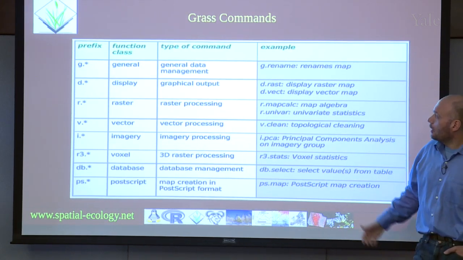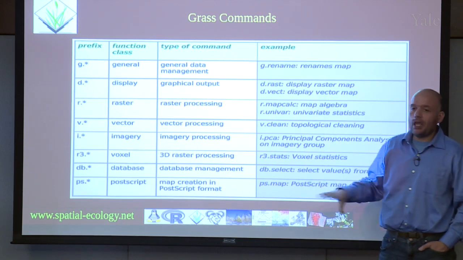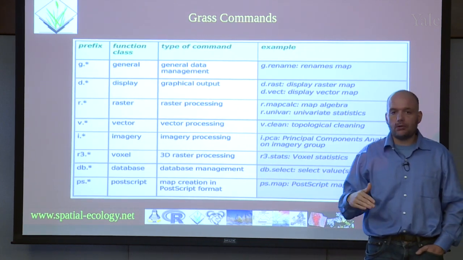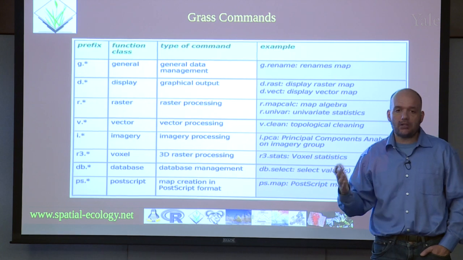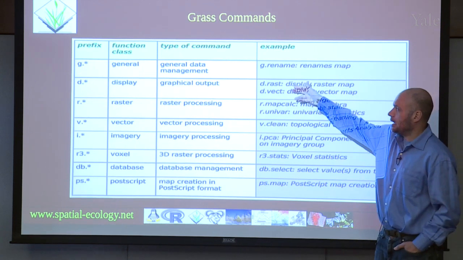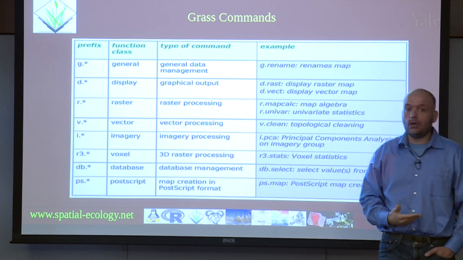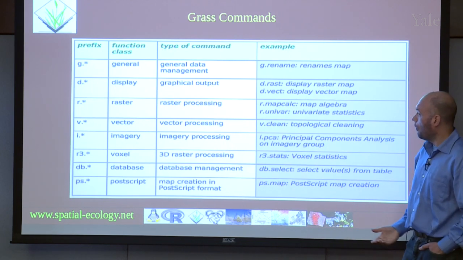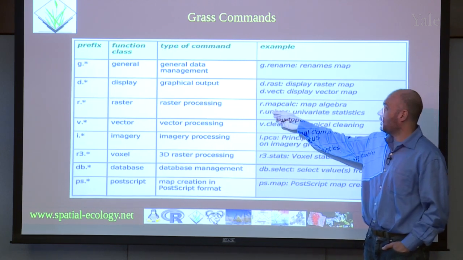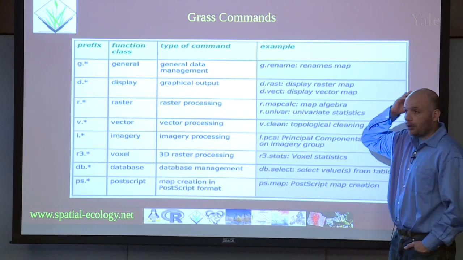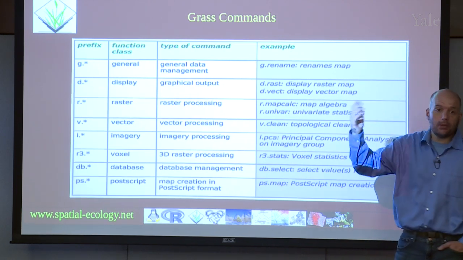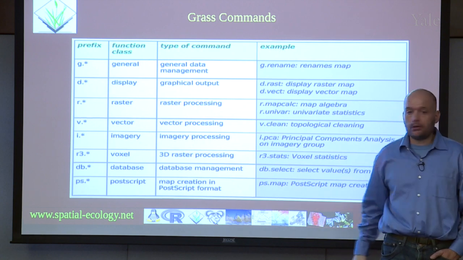So you can think about, for example, renaming a raster, copying, setting up the g.region, so everything that is general. D is for the display, which is not used anymore because there is a graphical user interface, so we are not going to use the d dot. R, the raster modules, is the one that you are going to use most, and you can think about r.mapcalc, r.univar, r.pca, whatever you want.